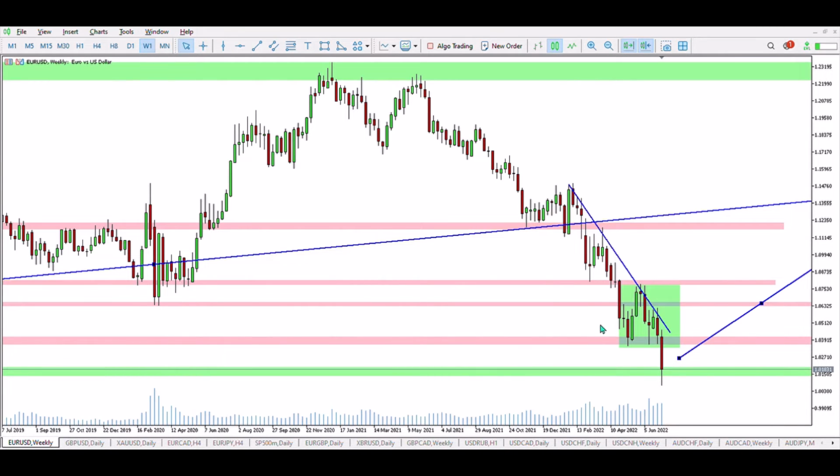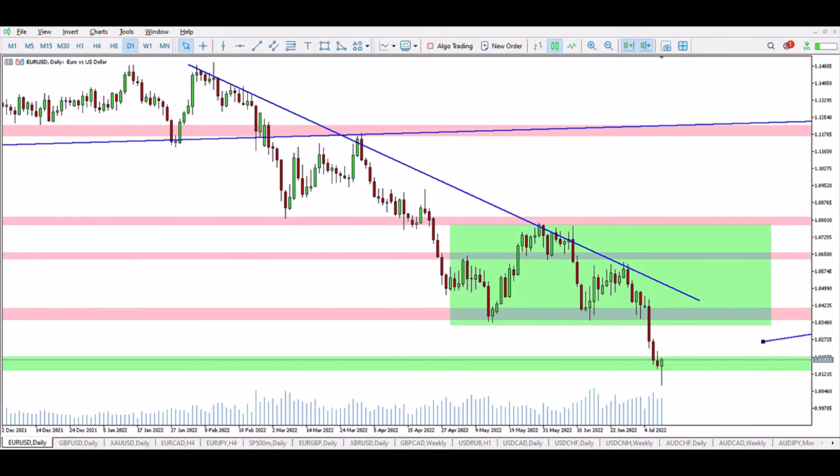As you can see, strong bearish market for now, but I expect the European central banks will start taking measures of recovering the euro, because with the weak euro, the economies in Europe suffer.